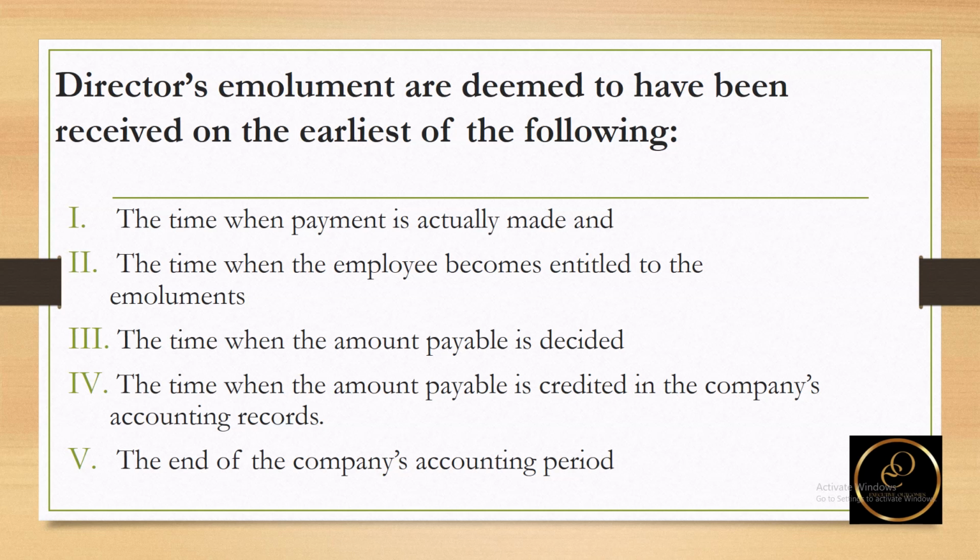So there are expanded situations. 1, the time when payment is actually made. 2, the time when the director becomes entitled to emoluments. 3, the time when the amount payable is decided. 4, the time when the amount payable is credited to the company's accounting records. 5, the end of the company's accounting period. So the earliest of those will be deemed to be the time when the director's emoluments have been received.